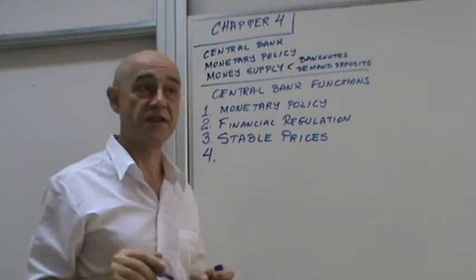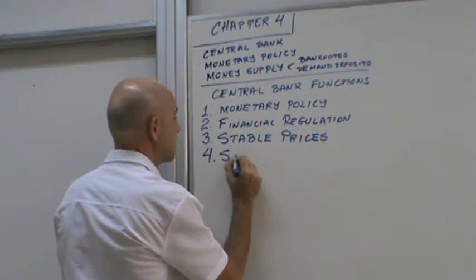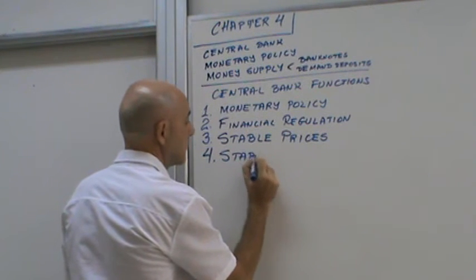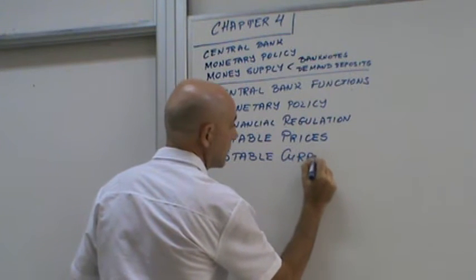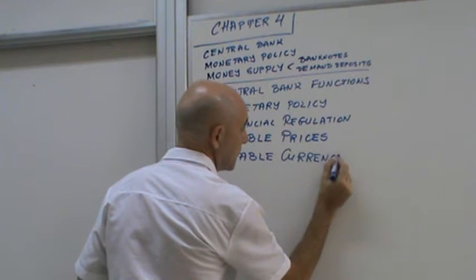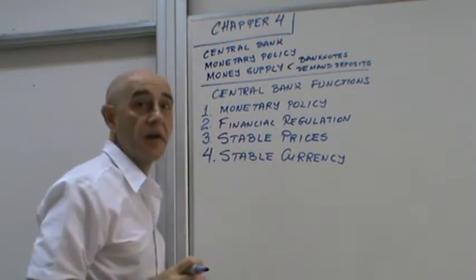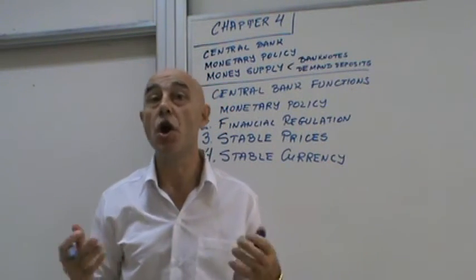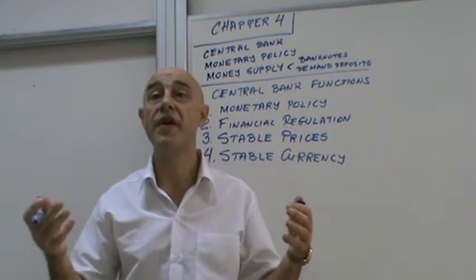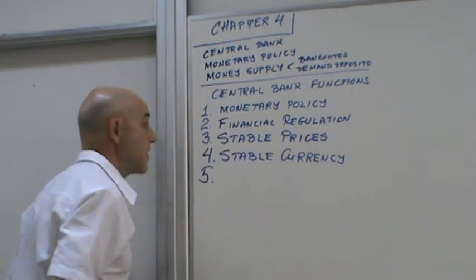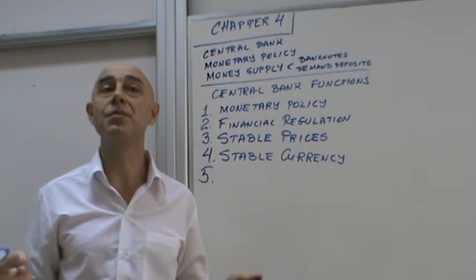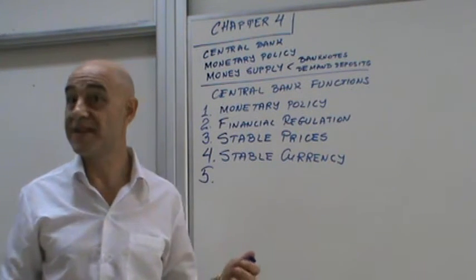Stable currency. The currency should not change too much in value. And number 5 becomes stable financial system.